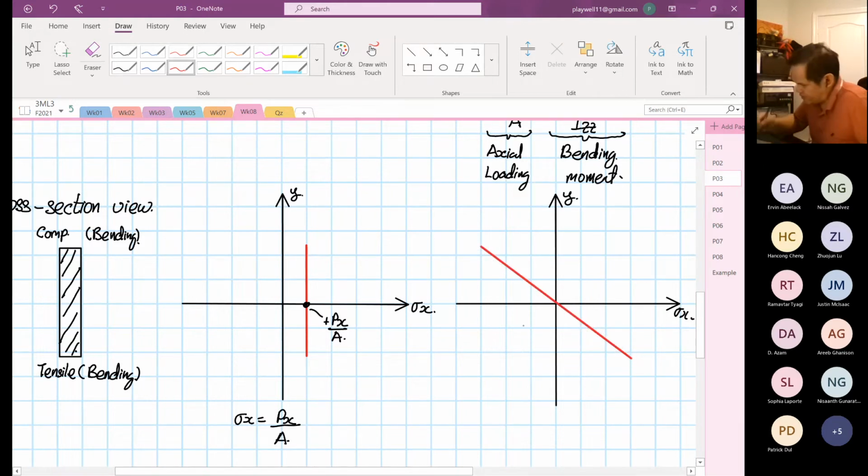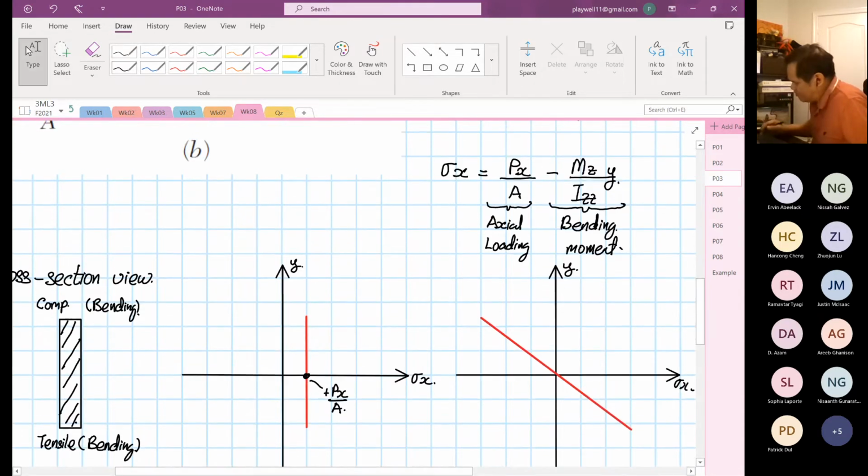For this case, you are applying that stress x is equal to Mz over Izz multiplied by y. Based on the parent function, your y is changing, and that's why your values are changing in the stress x direction.